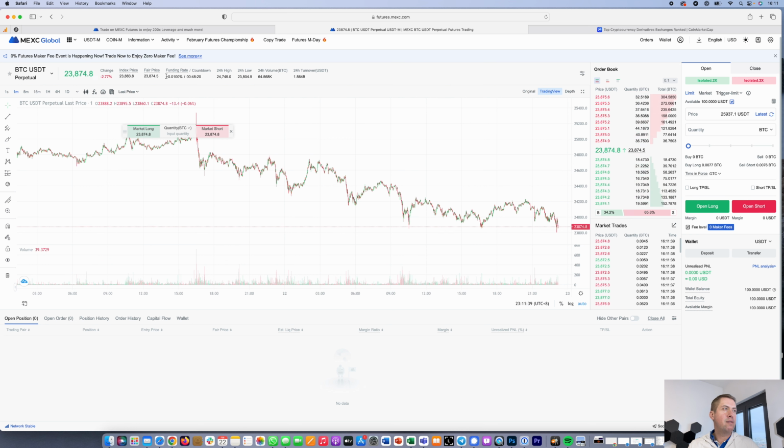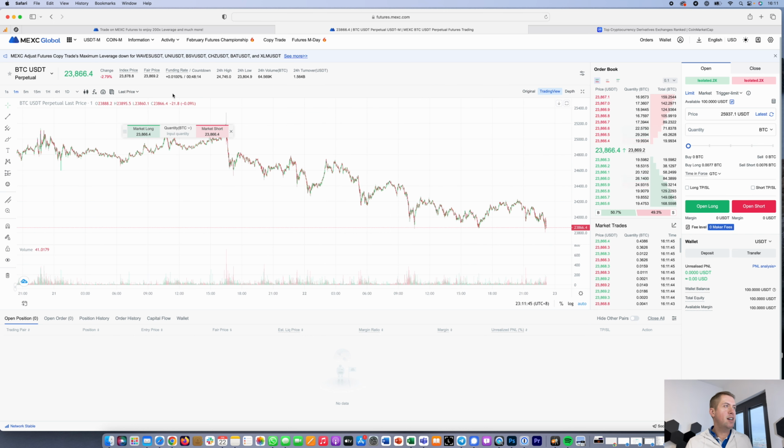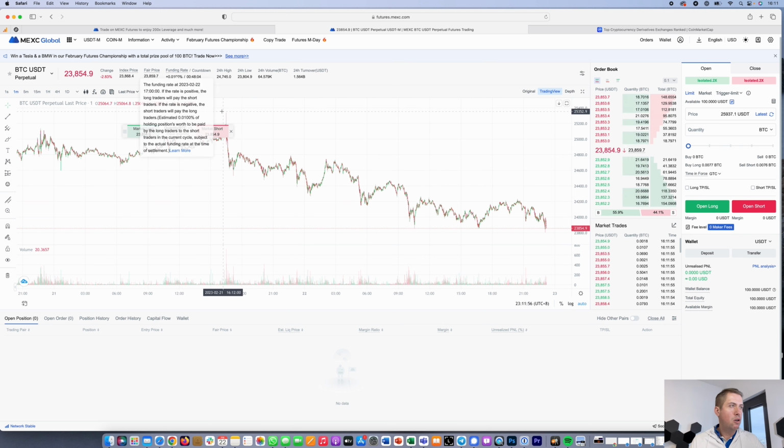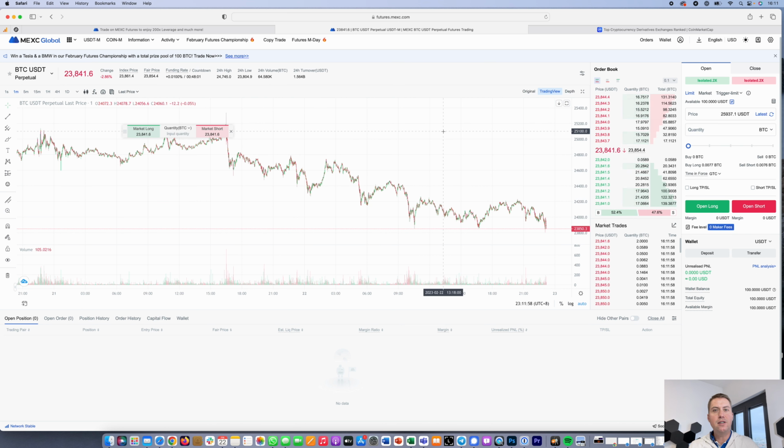And if the funding rate is negative and we are in a short position, we would pay. So that's basically how funding works. And of course, the funding rate is flexible. So if really a lot of people are long or short, it can be way higher or way lower. So that's basically it in terms of funding rate.